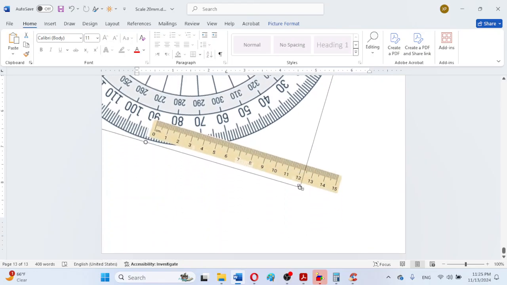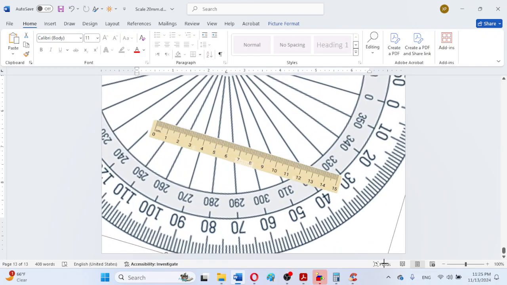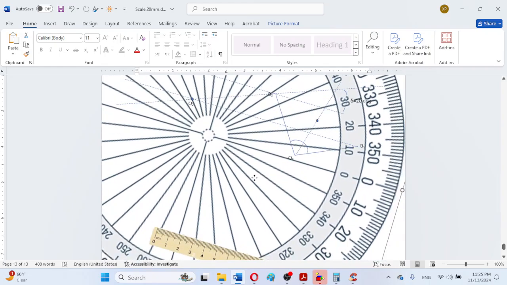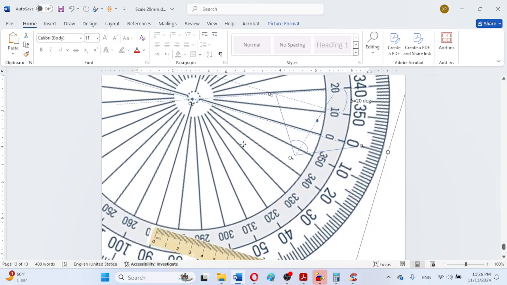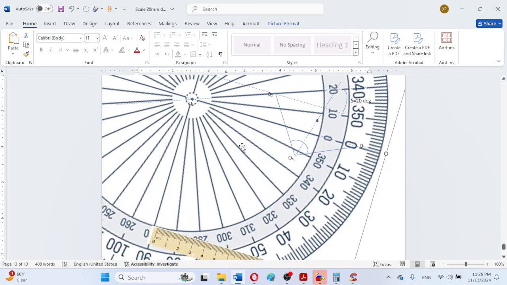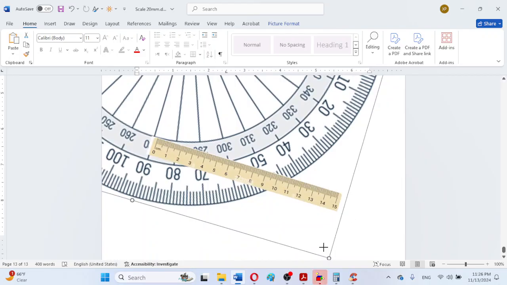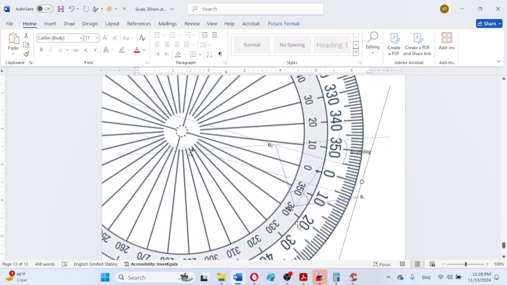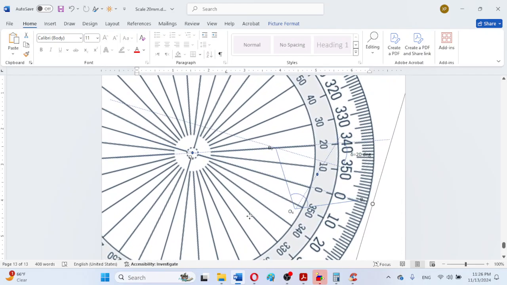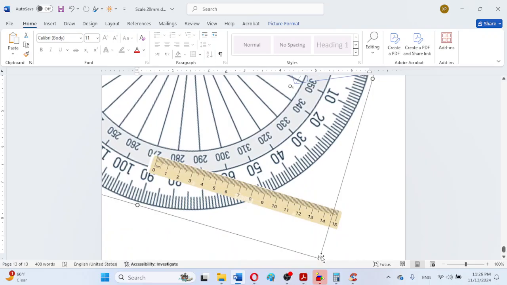Again, here. Now resize. Here again a bit resize.